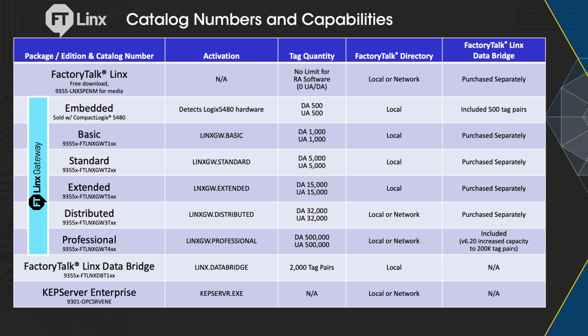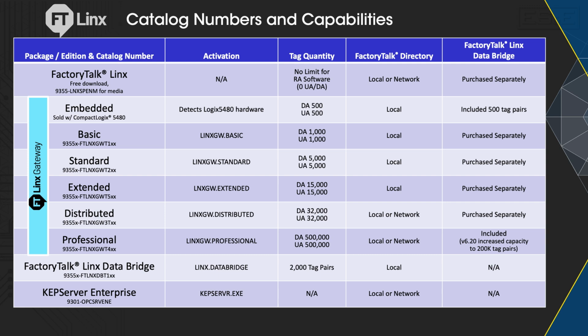It's proprietary Rockwell controllers only. Right, you got to put something else on top of it. That something else you got to put on top of it is the gateway product. So when you put the gateway product in there, if you already have FactoryTalk Link, we're just going to use FactoryTalk Link with gateway. If you don't have FactoryTalk Link and you buy gateway, it comes with it. So either way, you're getting the FactoryTalk Link.